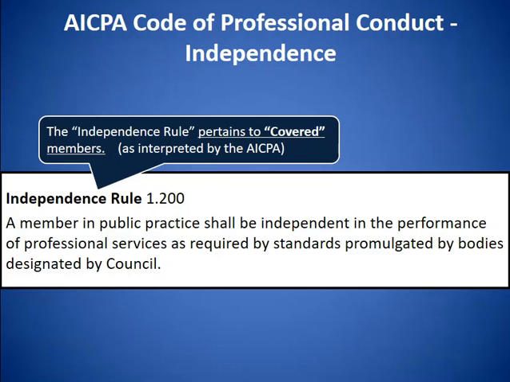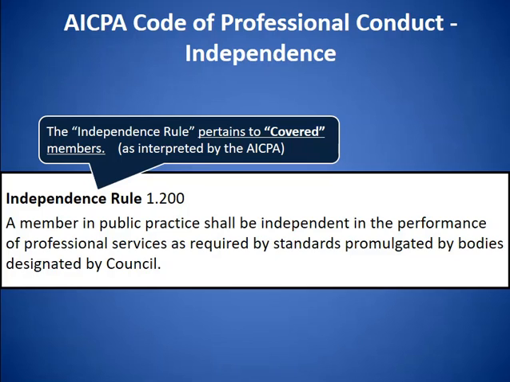As you can imagine, there are a number of individuals involved in an audit or in a test function. This became a source of confusion because not everyone necessarily needs to be independent as described under the independence rule.